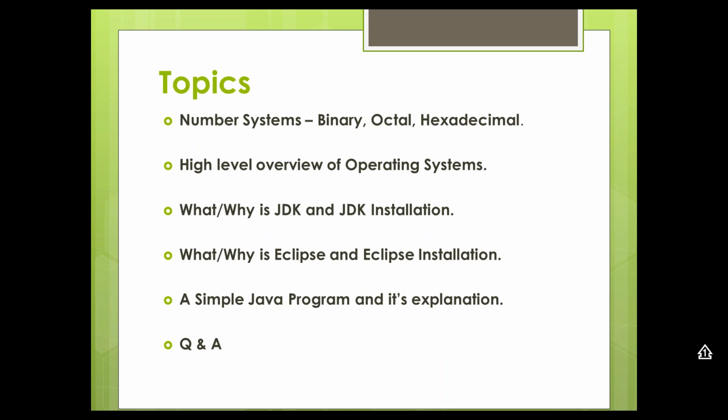Then we will see a high-level overview of operating systems, and then what JDK is and why we need it, what Eclipse is and why we need it, and the steps to install JDK as well as Eclipse. Then we will start our discussion on Java with a simple example, the traditional way, with a Hello World program.